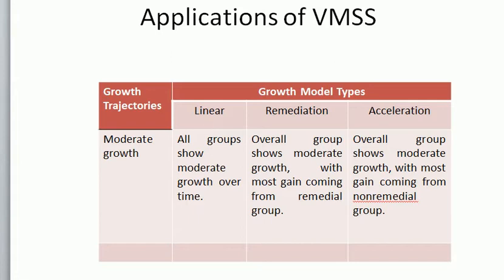Acceleration approach: overall groups show moderate growth with most gain coming from the non-remedial groups. So these were the different trajectories of growth which move from no growth to low growth and moderate growth.